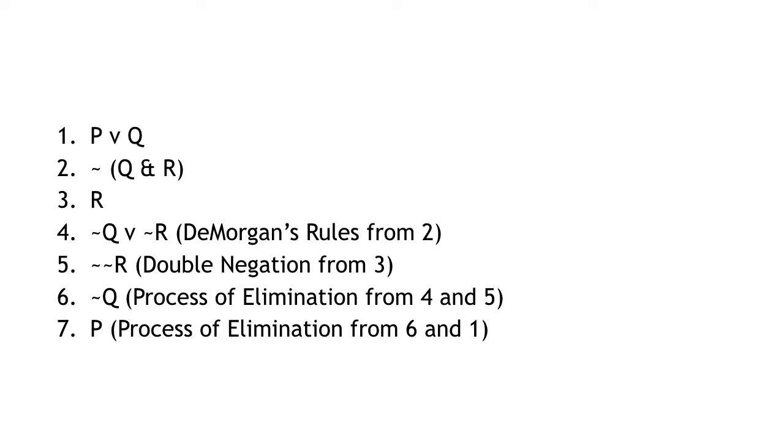If you guys ever do formal proofs in math or more advanced logic classes, or I think even some computer programming classes, they'll be real sticklers about having to cite the lines and everything. I just want you guys to know what the valid forms are, how we're using that to get from 1, 2, 3 to 7. So hopefully this makes sense to you.